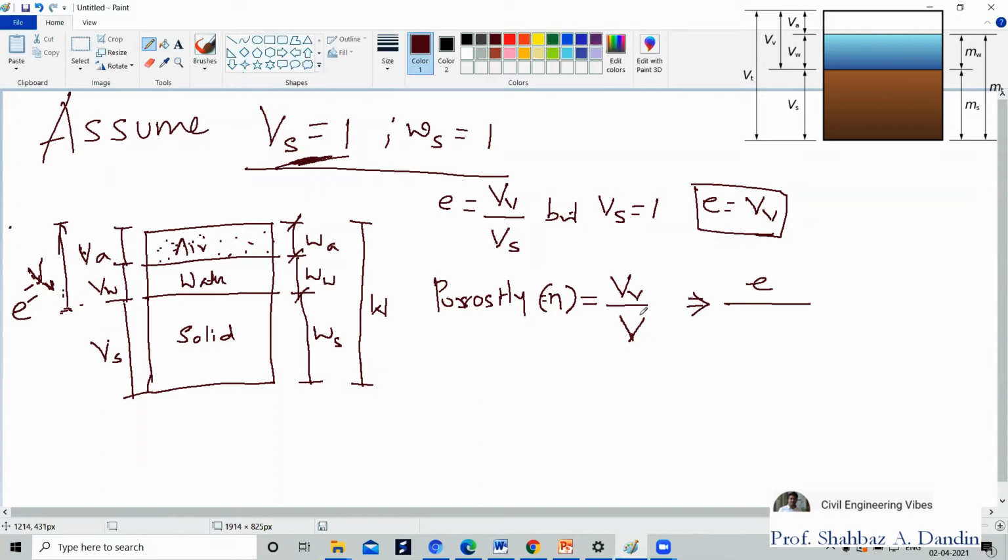Complete total volume is equal to what? Total volume V. This part from here to here is e, do you agree? And from here to here, what is it?